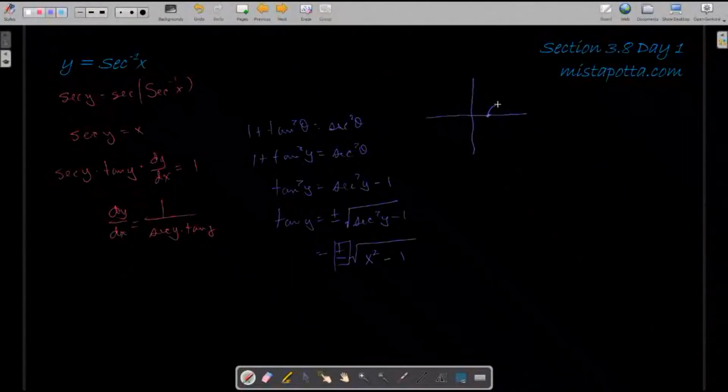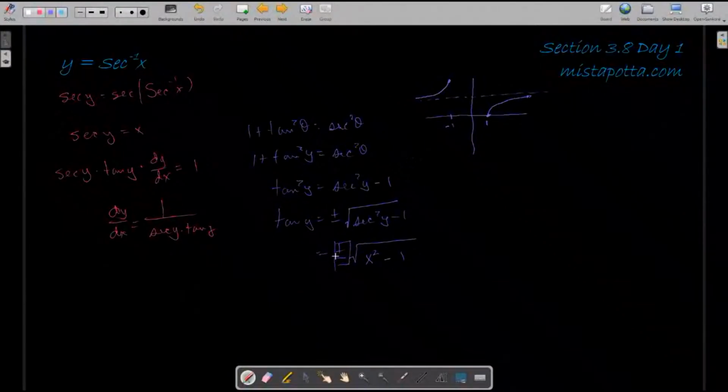But what happens is, in my first quadrant angle, I go from 1 to infinity at pi over 2, because that's my asymptote. But from pi over 2 to pi, what I notice is that even though my values for x are negative, my slope is always positive.